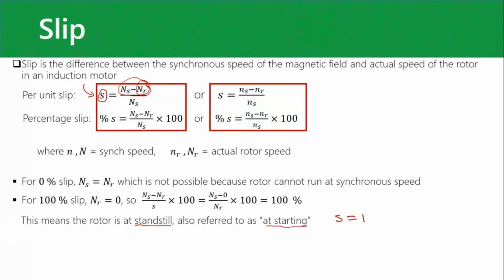Now you get current in the stator windings, so you get that rotating magnetic flux, and it's going to induce EMF in the rotor conductors. But it's a tiny fraction of a second just before the rotor starts to turn. Then you have the biggest difference between the rotor speed and the synchronous speed. Once it starts to turn, that difference gets smaller.